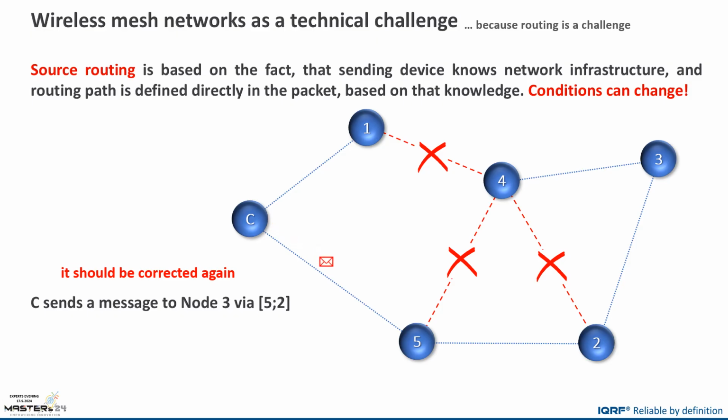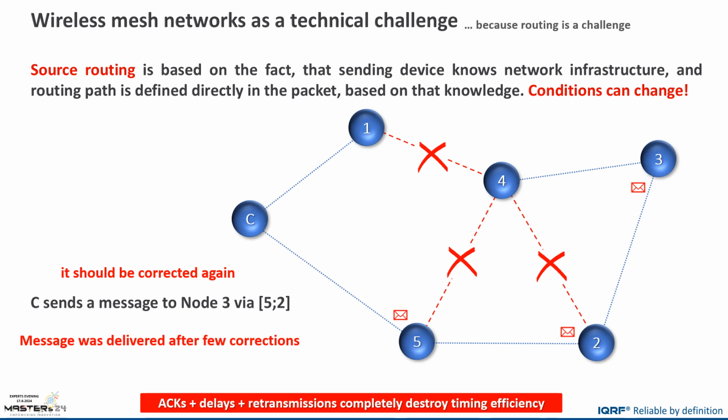Finally, the message will be delivered. However, as we could see, it's not a deterministic process. The timing efficiency was utterly destroyed because of the need for partial acknowledgements, consequent delays, and retransmissions.